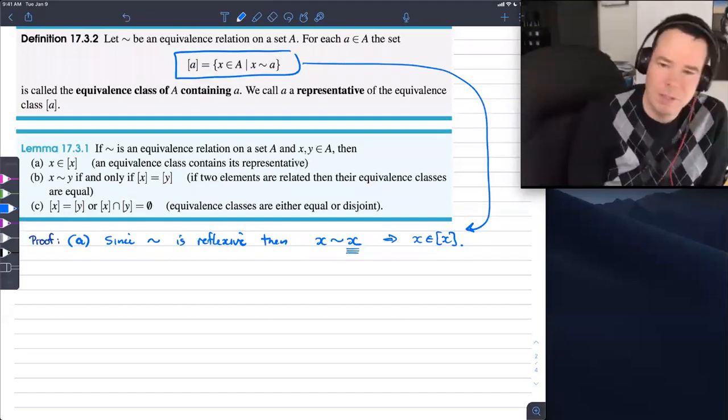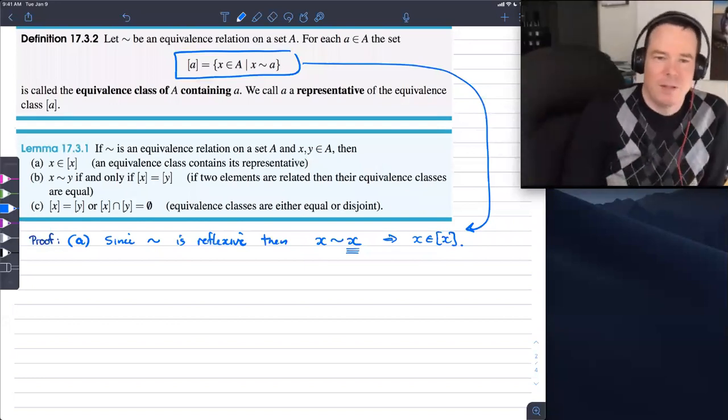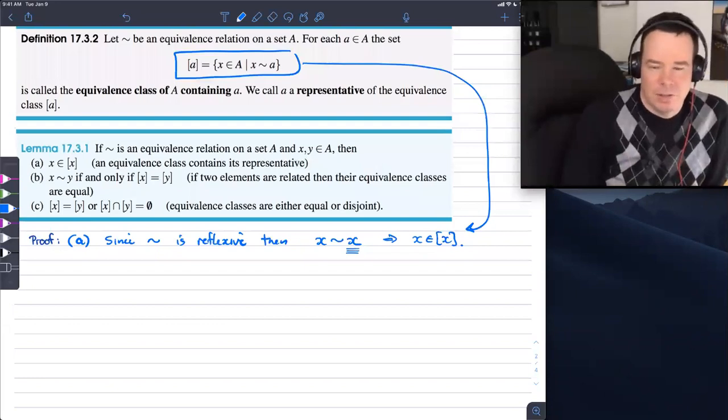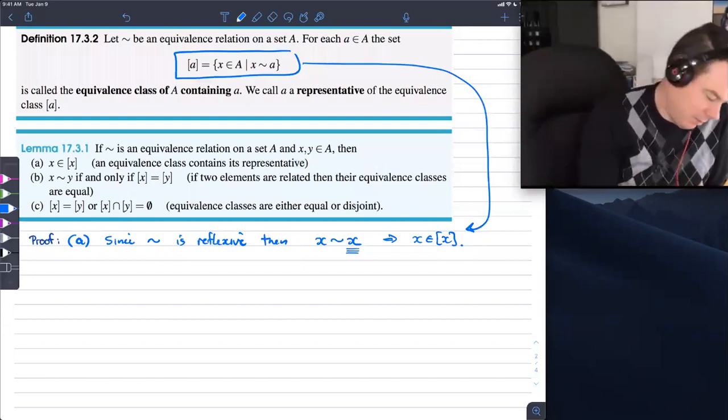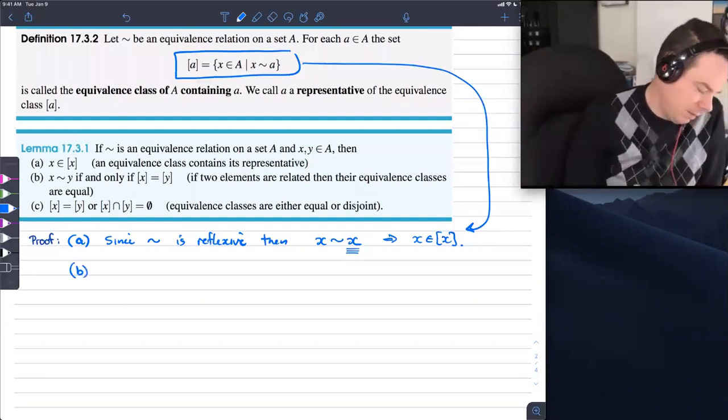So that's nice. It means that the representative of a class actually has to live in the class itself. So the representative of a city has to be a member of the city itself.